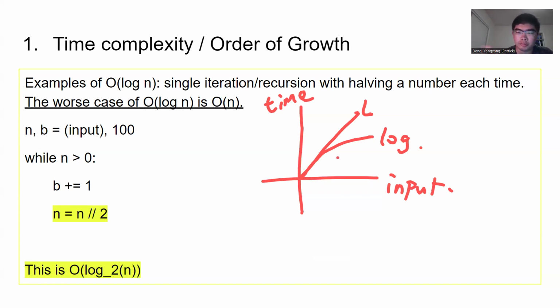It will not be greater than the growth of linear. So maybe we can do halving a number, and we can do a number divided by 3. Halving a number will result in logarithm base 2 of n. If you are dividing a number by 3, it will be logarithm base 3 of n. Yeah.